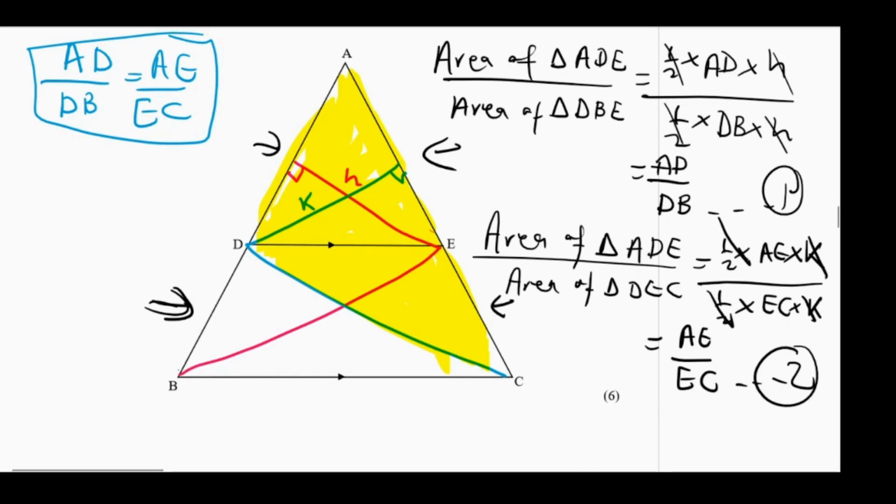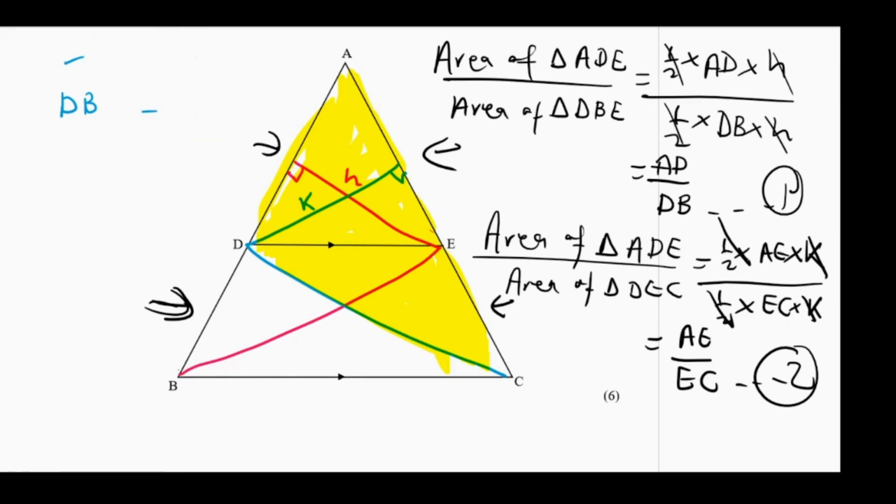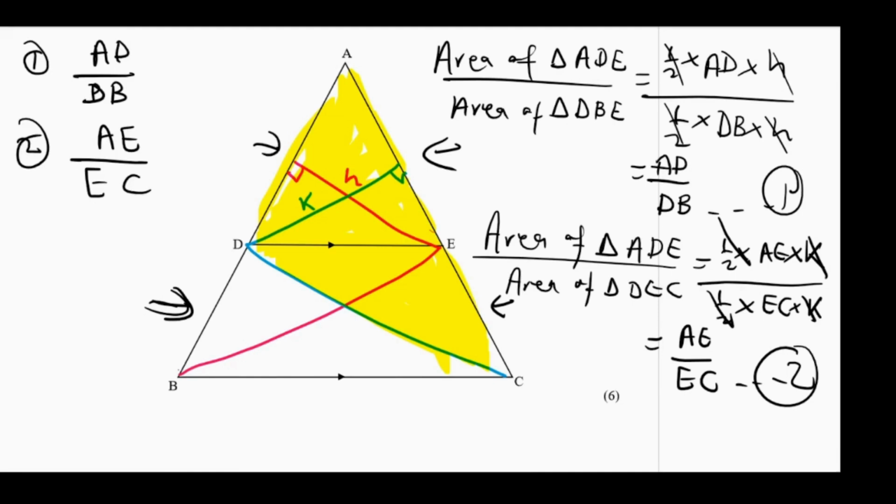Now we are having the following. Let me just write it nicely on the other side. Equation 1 is AD over DB, and equation 2 is AE over EC. So these two must be equal. Something must happen for these two to be equal.